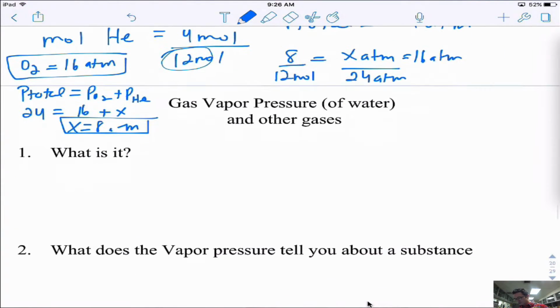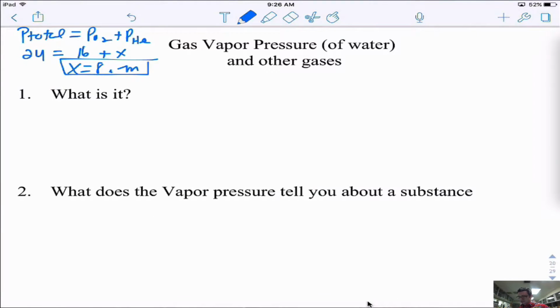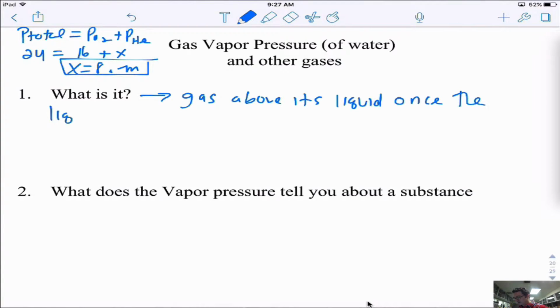Okay, so let's talk about vapor pressure because it becomes really important with partial pressure. We'll come back to that and weave it all together. But talking about vapor pressure, when we think about what it is, we look at a gas above its liquid. This is once the liquid has evaporated.